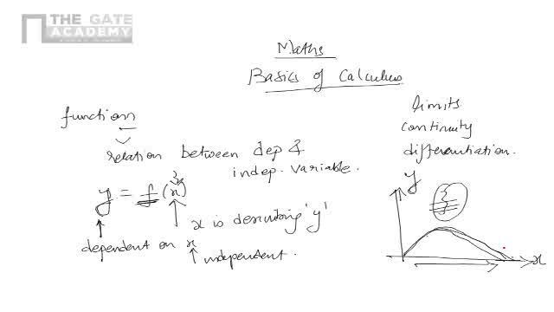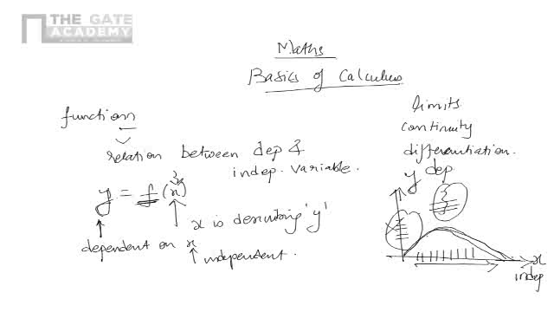So x can take any value here, whereas y cannot. This is not possible. So we say y as dependent and x as independent. That is, it has the freedom to select any value it wants, whereas y will be limited by x.